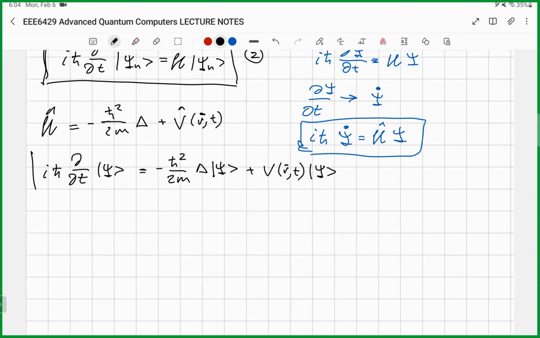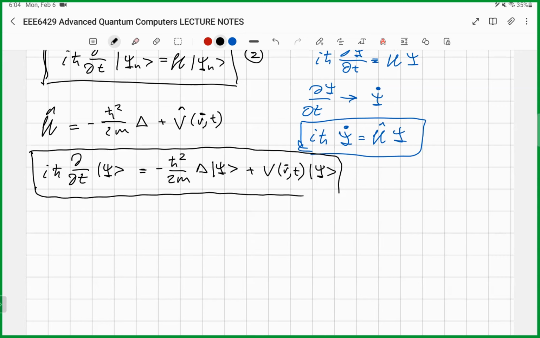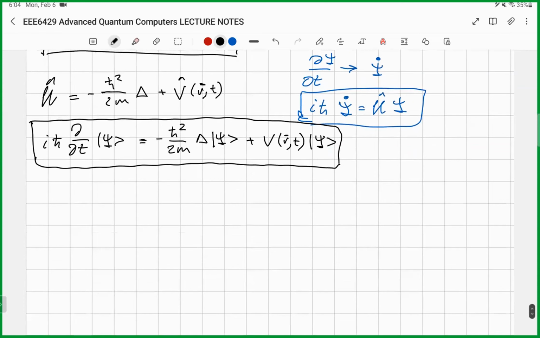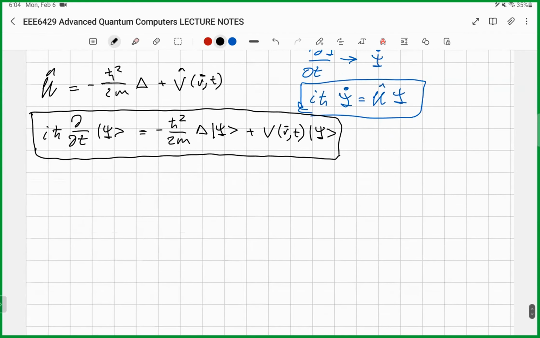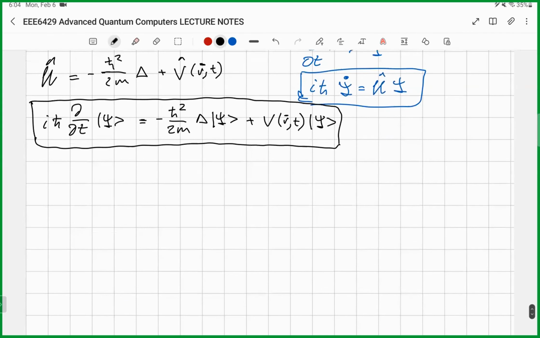So this is the textbook Schrodinger equation that you probably saw many times in basic physics books, or maybe in high school physics.